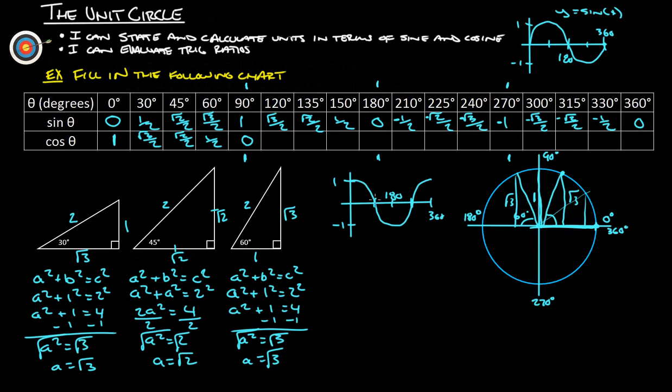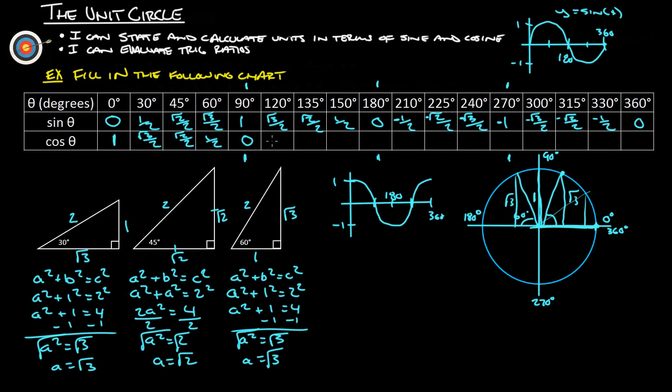Now notice it's all positive up here, and then from 90 degrees all the way up to 270 degrees, everything's going to be negative. So basically whenever you get to a 0, we know that we have to switch the signs because the graph's going from positive to negative or from negative to positive, and that works for sine and cosine.